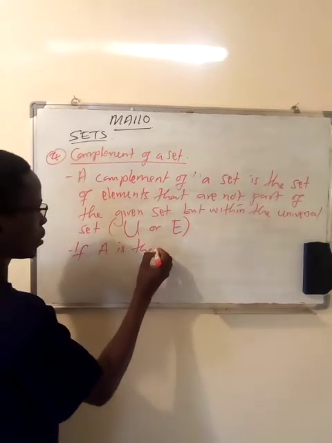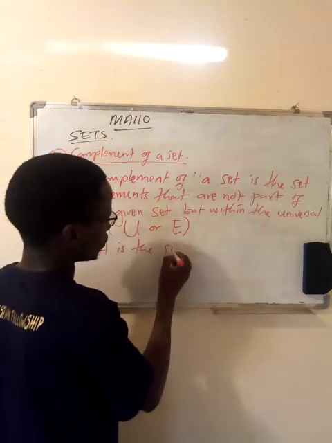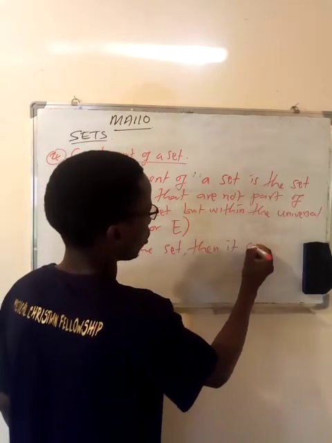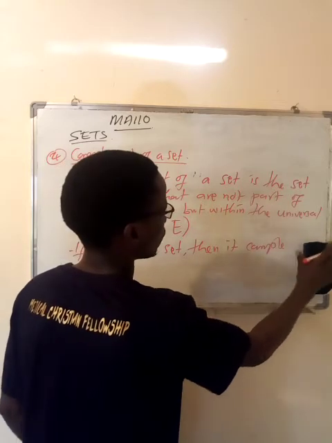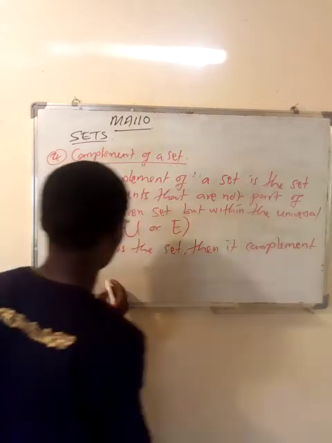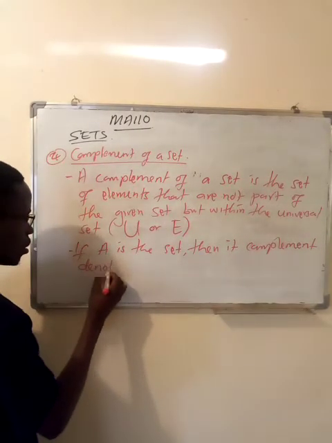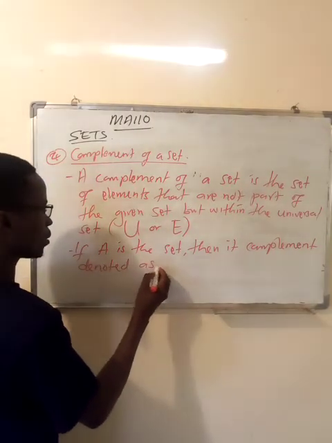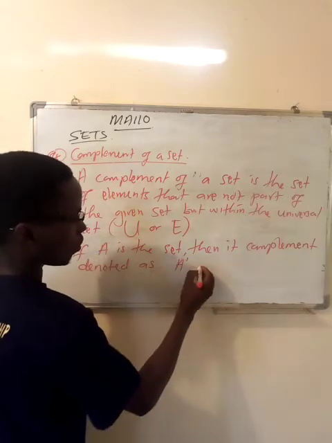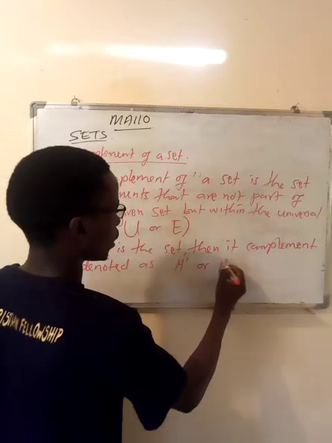The universal set. Now, which elements are those? So we have 1, 3, and 5. Those elements are not part of set A, but they are within the universal set. So those are the elements belonging to the complement.